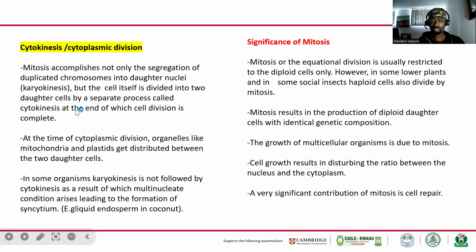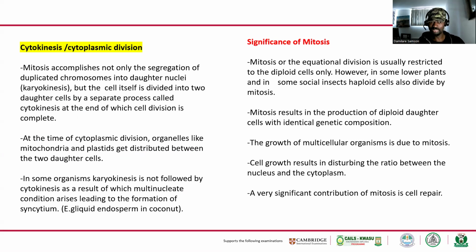Now, at the time of cytoplasmic division, organelles like mitochondria and plastids get distributed between the two daughter cells. Are you getting me? So everything that is needed in the cell will now be produced and distributed.